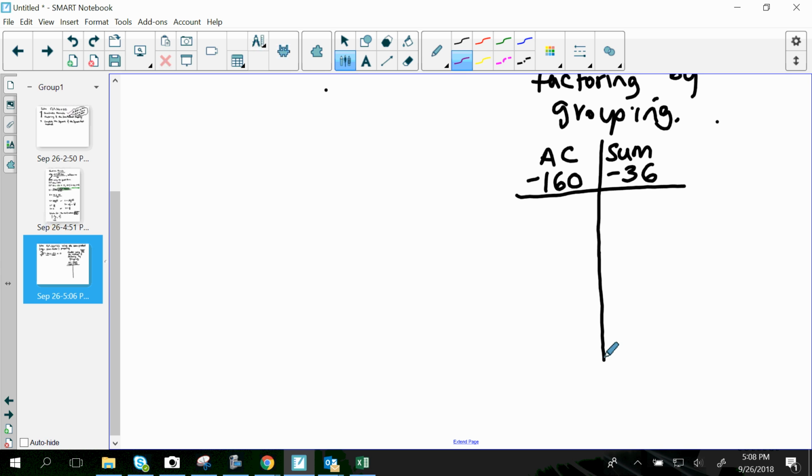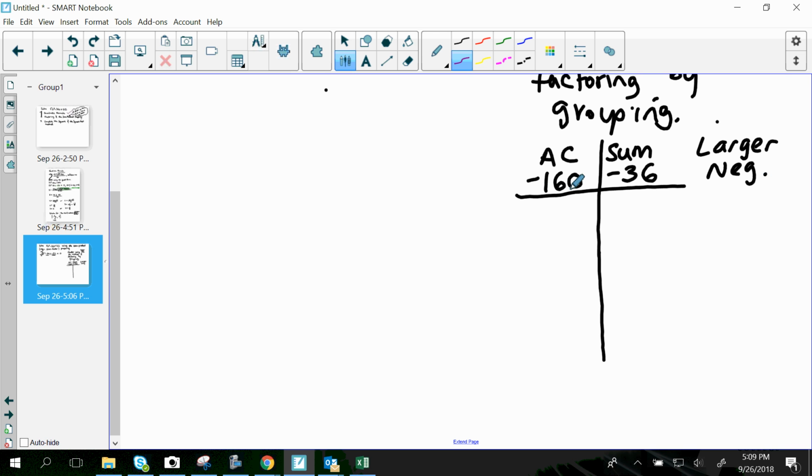You could do, see, 16 times 10, and since the product is negative, one is going to have to be positive and one negative. They'll have to be different signs. And since the sum is negative, the larger number is going to have to be the negative.